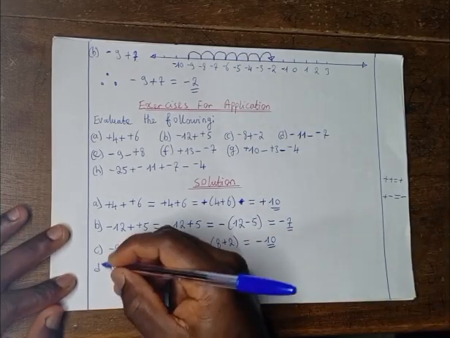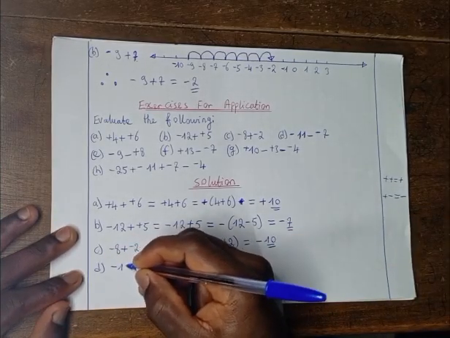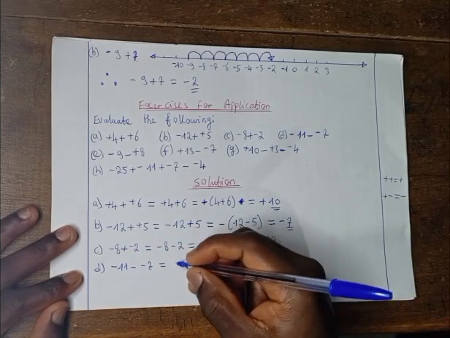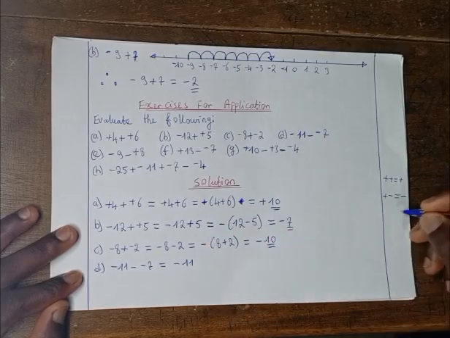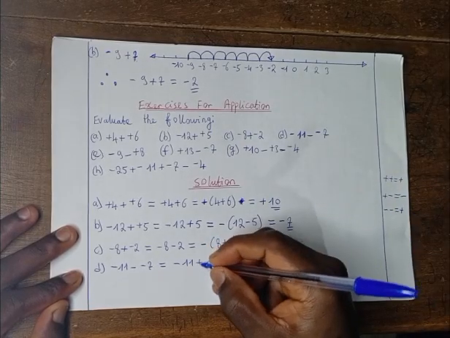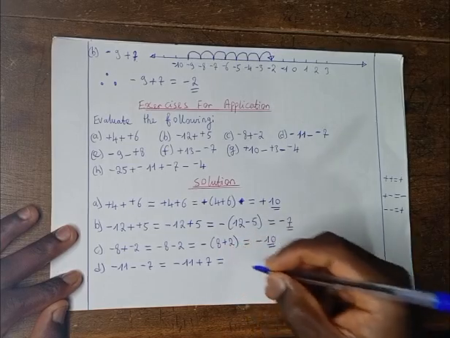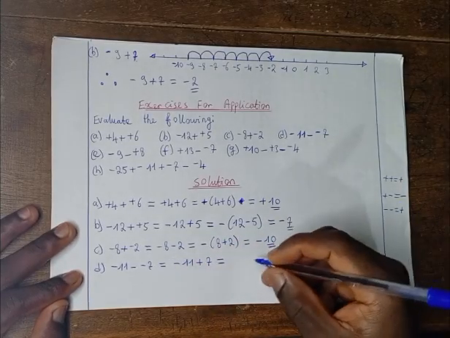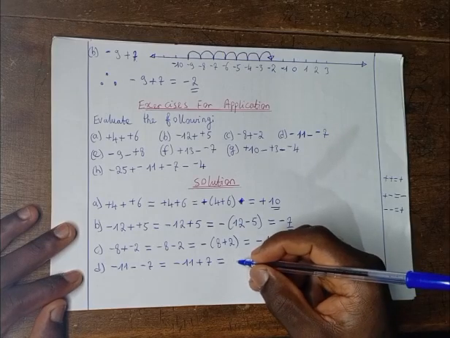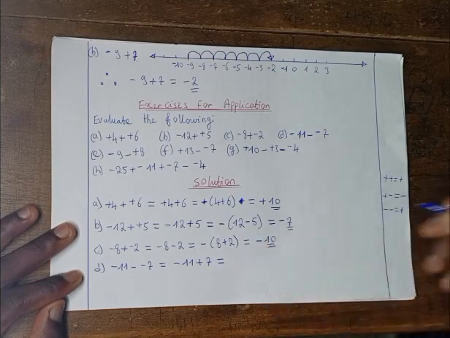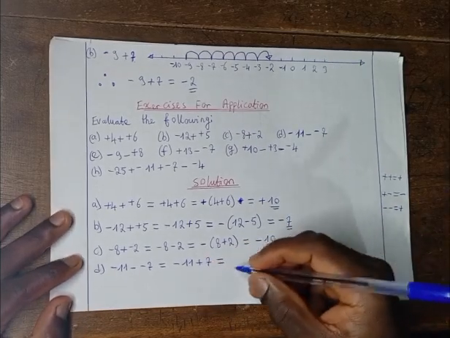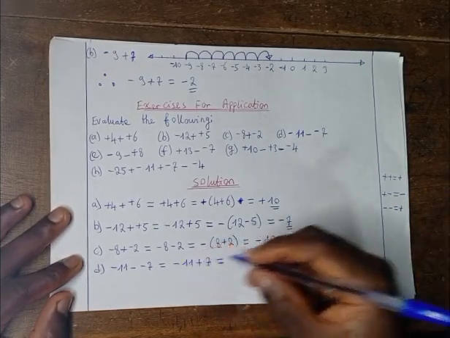Next for D, we have negative 11 minus negative 7. This will simply be equal to negative 11. When we have negative negative, the resulting sign is positive, plus 7. The two numbers have different signs. So we are going to write out the sign of the larger number. When we talk of the larger number in terms of their magnitude, the larger number is 11, which has a negative sign.